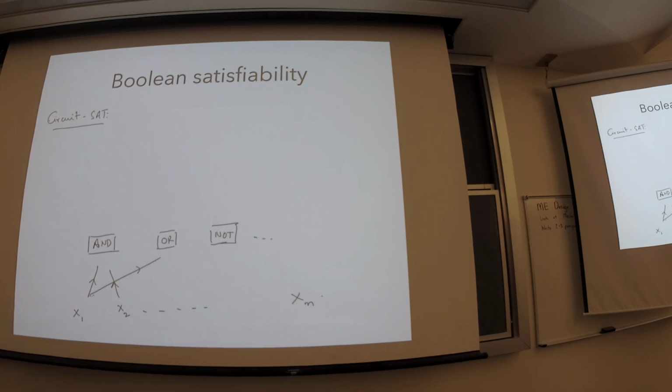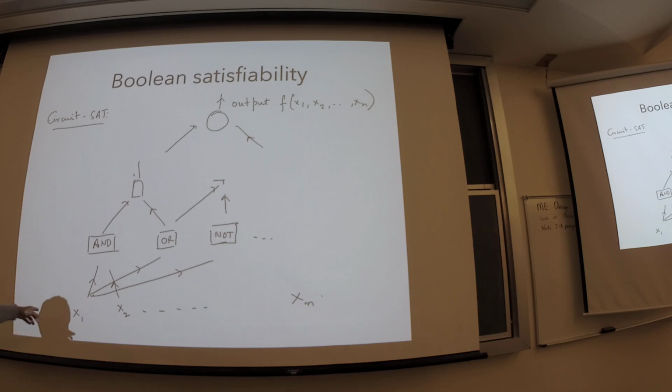Maybe one input goes to a bunch of gates, and then there are gates on top of this, and in the end they compute some formula. So in the end there is the output, which I will call f of x1 through xn.